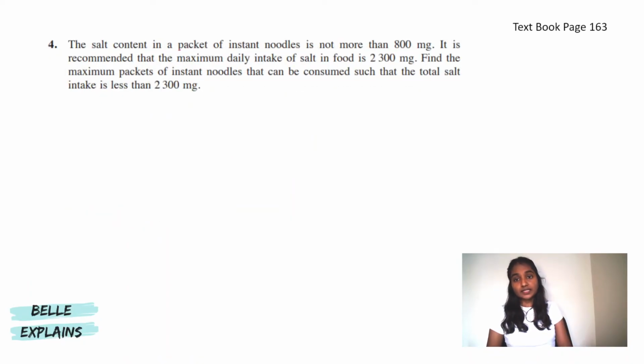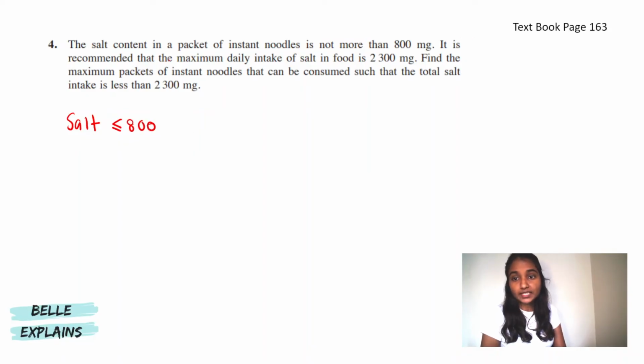The salt content in a packet of instant noodles is not more than 800 milligrams. So salt. Okay. It is recommended that the maximum daily salt intake in the food is 2,300. Okay, max salt cannot be more than 2,300.